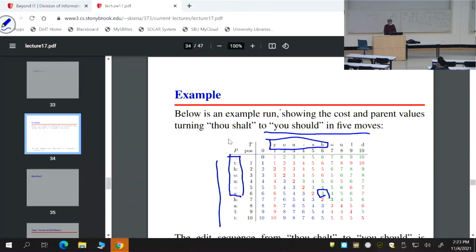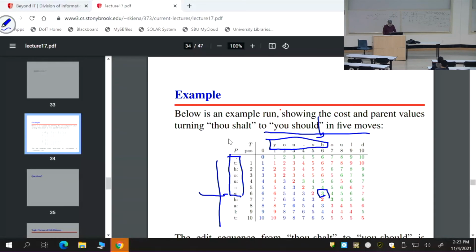What are my choices? I could ask myself, does the last character S here match the last character there? S does not match H.